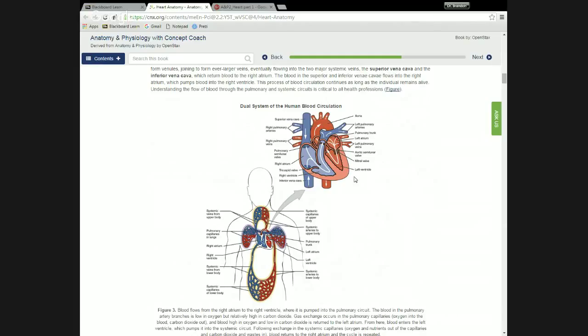When the ventricles contract, they start contracting at the apex and squeeze up towards the base. The base is where the aortic and pulmonary valves are located. So when the ventricles contract, they're pushing the blood up towards those valves. So we see that there.